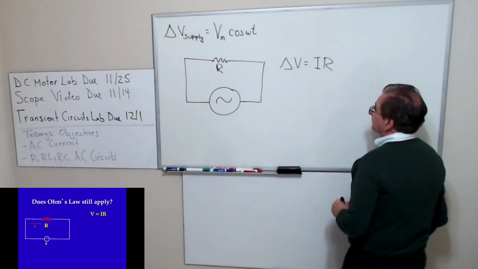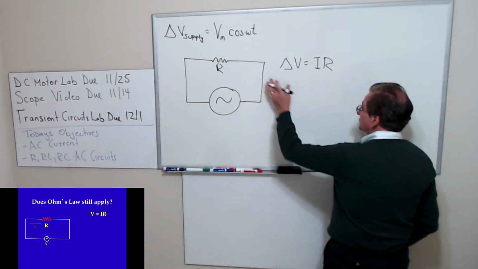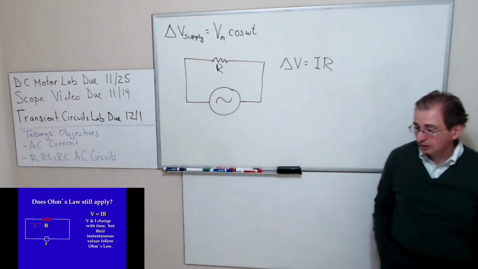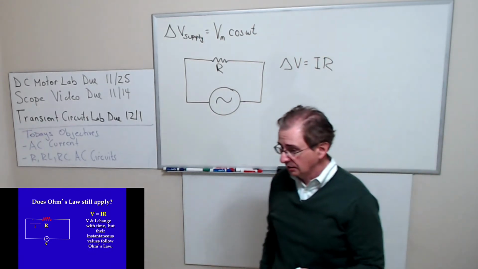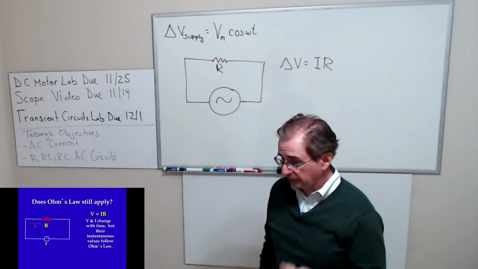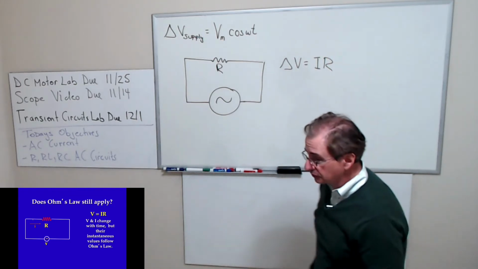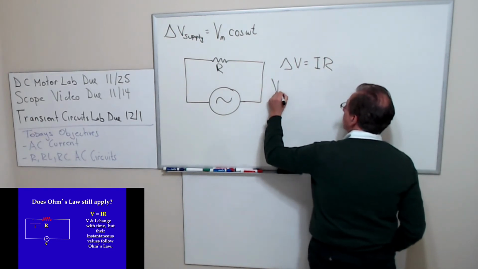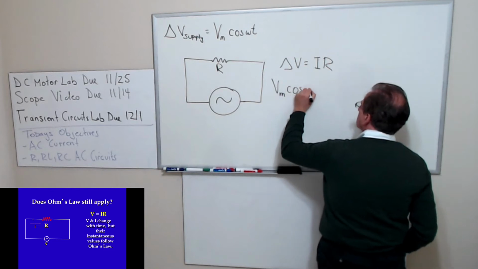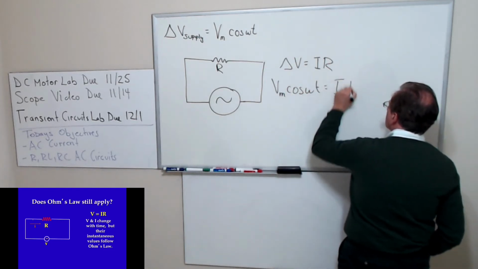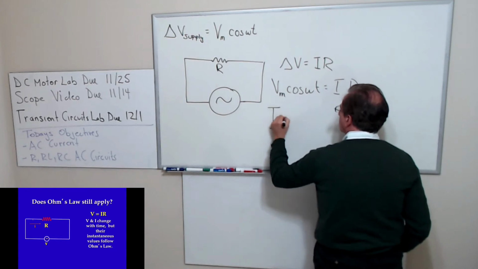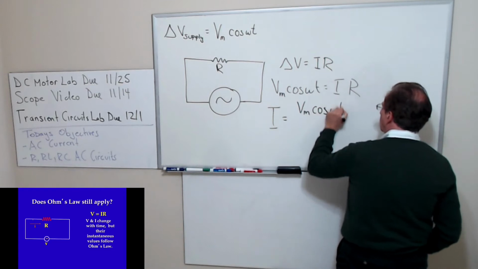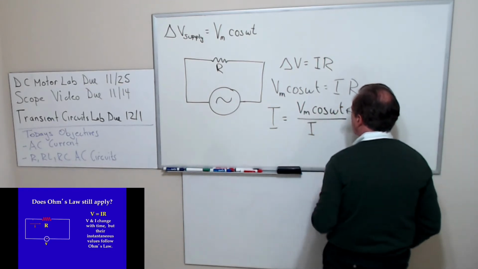So the question is, is this still valid? It turns out it is. V and I will change with time, but their instantaneous values follow Ohm's law. So basically, if delta V is V sub m cosine omega t, then I is V sub m cosine omega t over R, sorry.